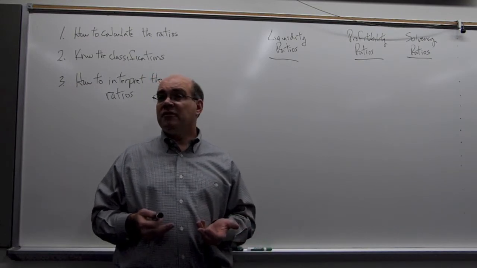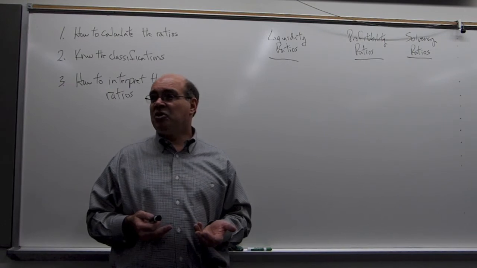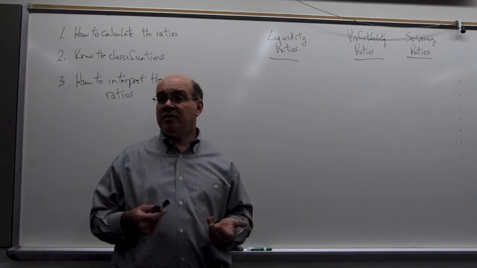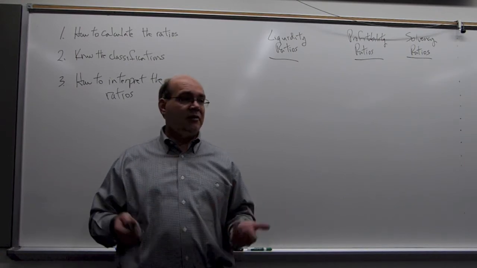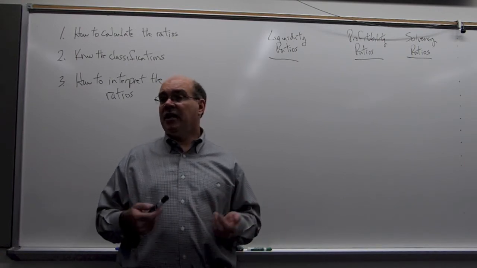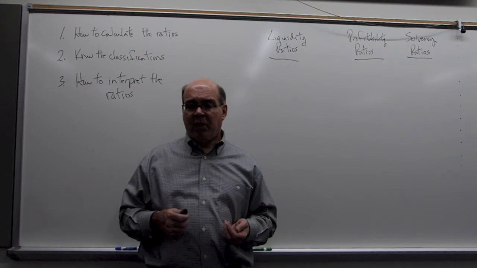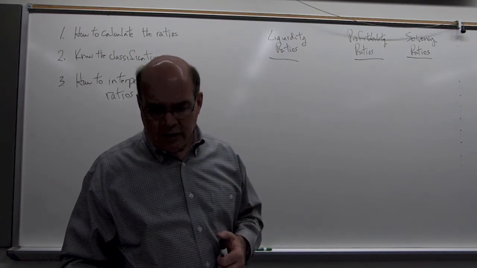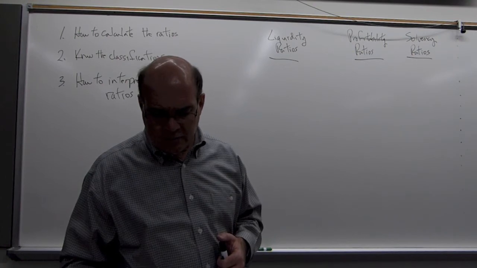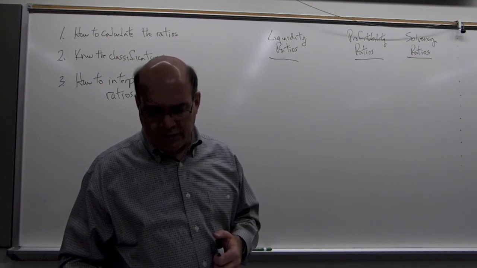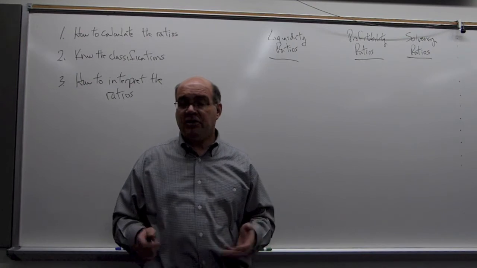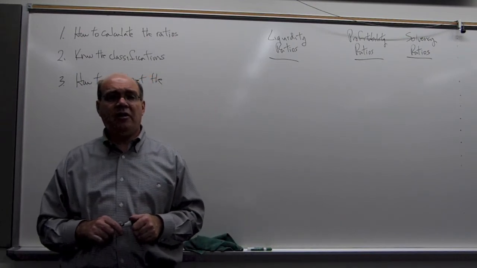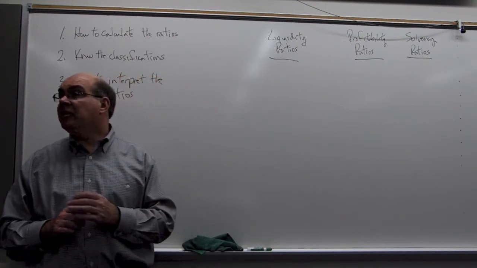If you aren't for sure what to interpret, assume that if it went up, it's increasing, that's a good thing. The only ones that aren't really good is like your debt to asset, because that means it's riskier, because you're taking on more debt, okay? Possibly you could say your, what was the other one on here? That was the riskier one. Price to earnings, PE ratio, because a higher ratio just means your stock's more expensive. But all the other ones, an increasing ratio is typically a better thing.